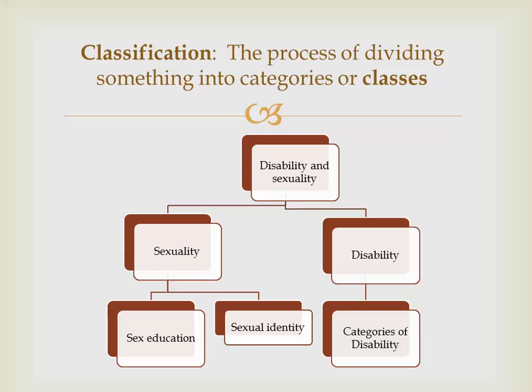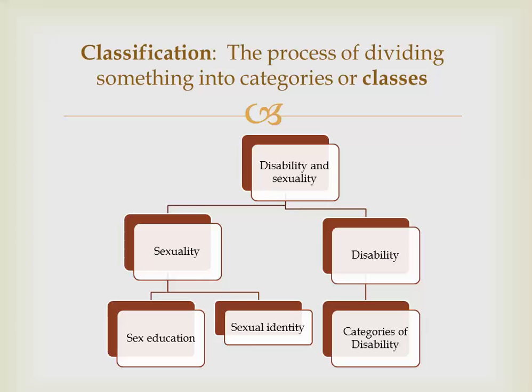So let's say you move to physical disabilities, you might talk about spinal cord injuries, or you might talk about paralysis. And when you do that, you're going to move toward a more specific area of sexuality to focus on, and you're also going to be focusing on a more specific population of disabled people.